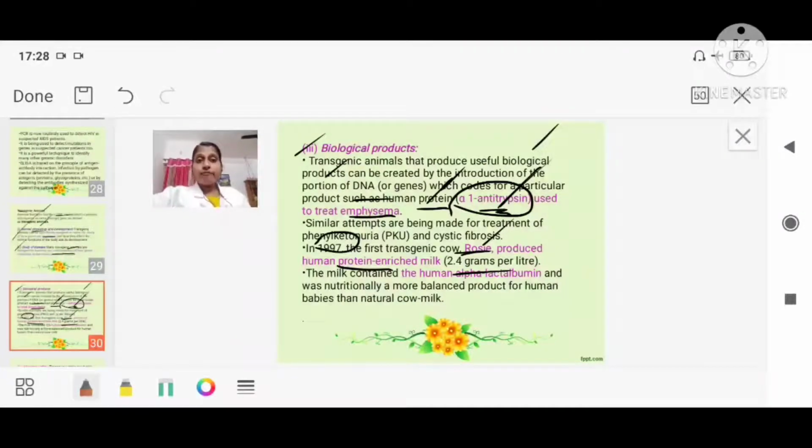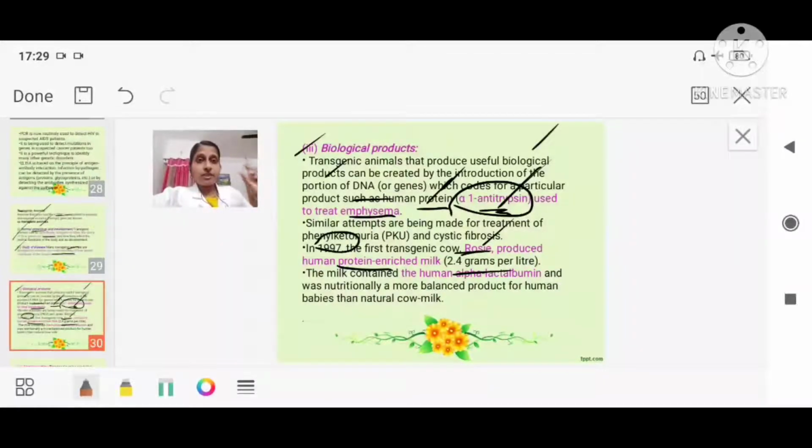So we are making transgenic organisms having the gene coding for alpha 1 antitrypsin, and this alpha 1 antitrypsin is extracted and used for treating emphysema.